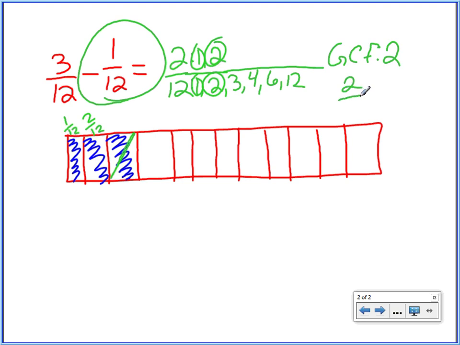So I'm going to divide my numerator and my denominator by 2, and I get 1/6. So even though the answer is technically 2/12, the real answer is 1/6 because you have to simplify. And that is how you add and subtract fractions with like denominators.